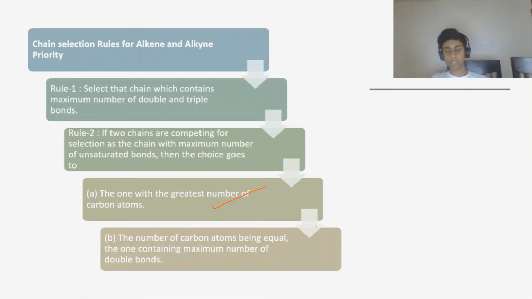This is just the longest chain rule. And second, if the number of carbon atoms is equal, then the one containing the maximum number of double bonds, or if they're only triple, then triple bonds. But if double and triple bonds are equal in different chains, we would take the one with the double bond because double has more priority.